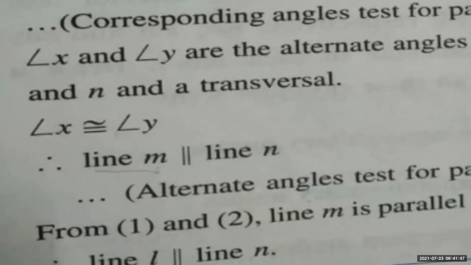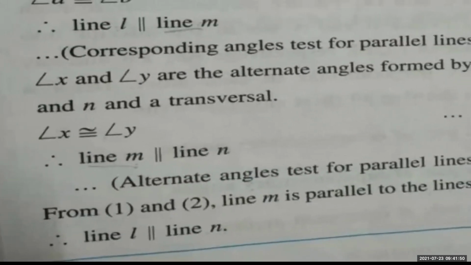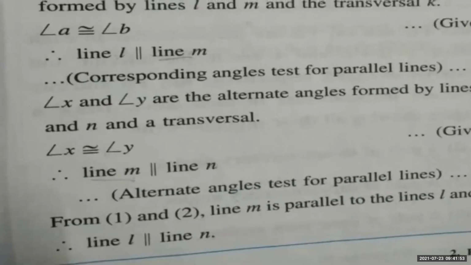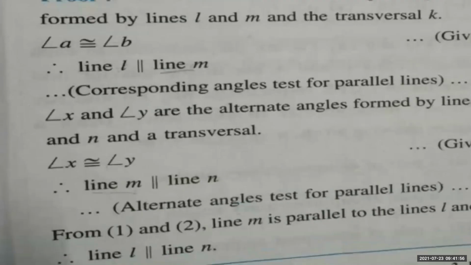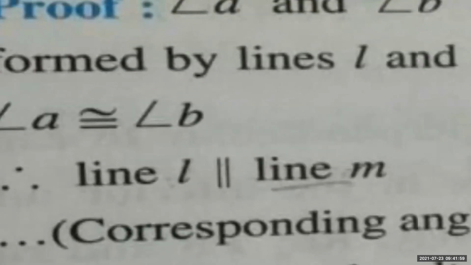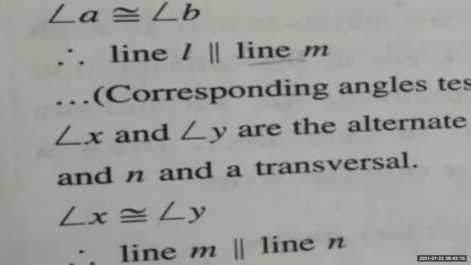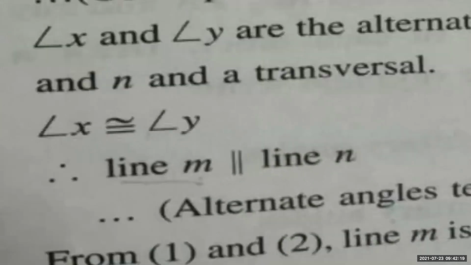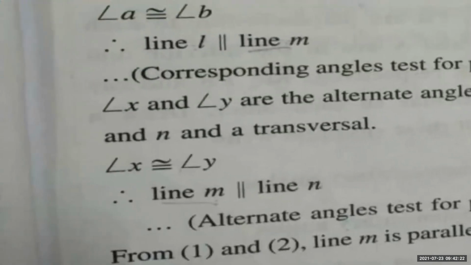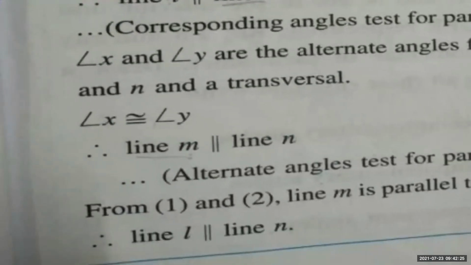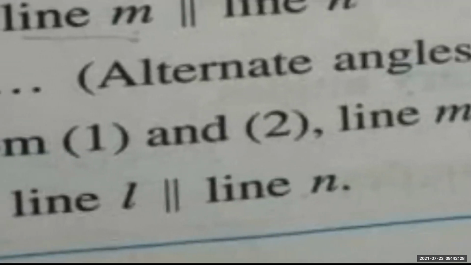So from equations 1 and 2, what final conclusion do we get? Line L is parallel to line M. The first line is parallel to the middle line, line M. Second, line M is parallel to the last line, line N. So the first and last lines, line L and line N, are also parallel to each other.